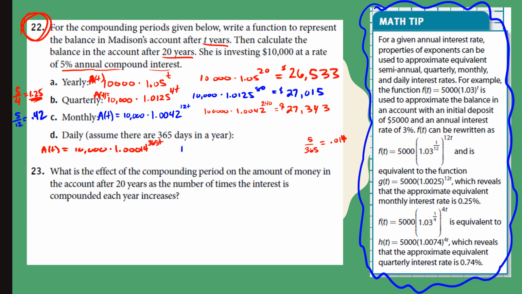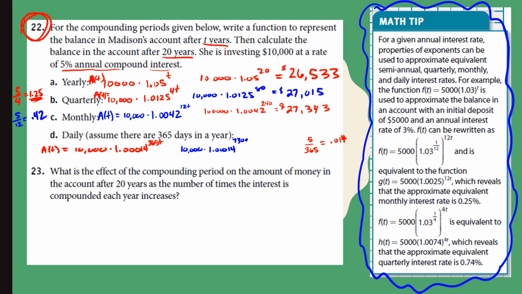So 10,000 times 1.00014 to the power of, I don't even know what 365 times 20 is. 365 times 20 is the 7,300th power.